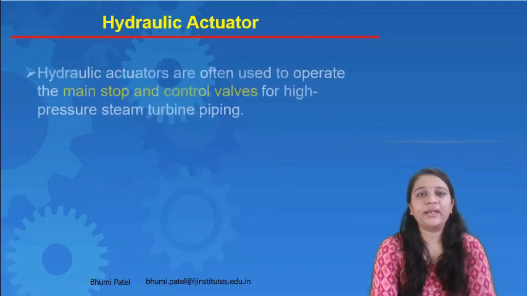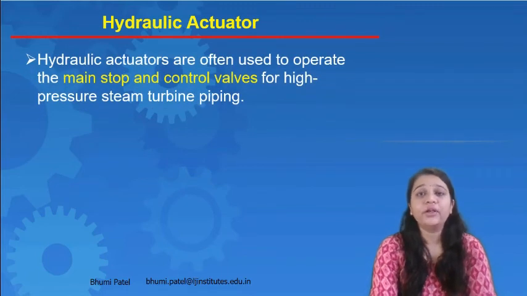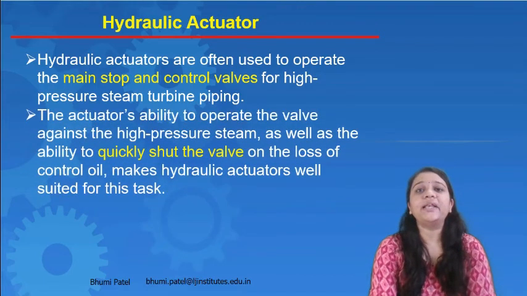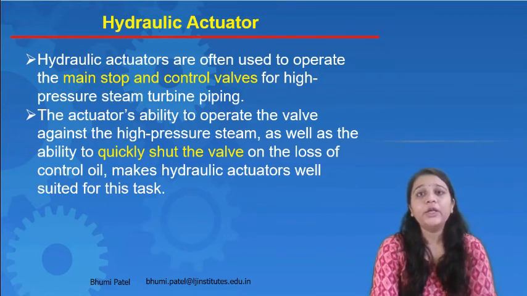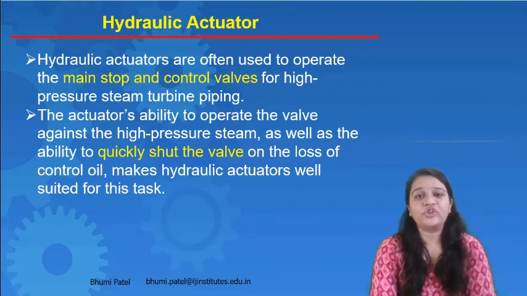Now hydraulic actuators are often used to operate the main stop and control valve for high pressure steam turbine piping applications. The actuator's ability to operate the valve against the high pressure steam, as well as the ability to quickly shut the valve on the loss of the control oil, makes hydraulic actuators well suited for this type.